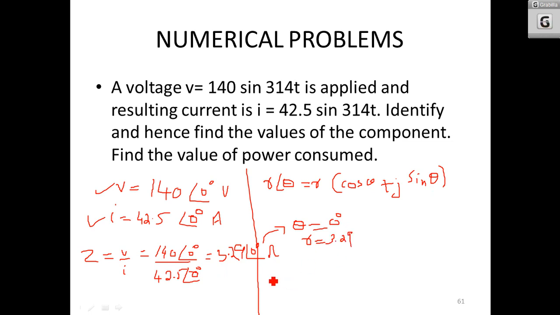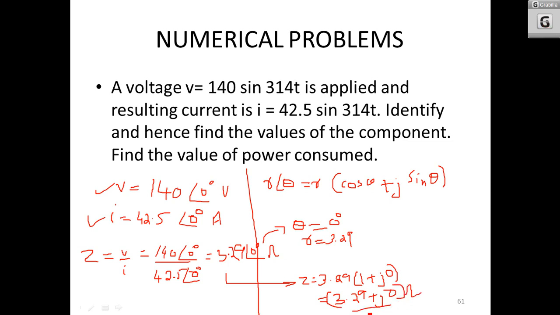Therefore, impedance in rectangular form is Z equal to 3.29 into cos 0 plus j sin 0. Cos 0 is 1, sin 0 is 0. The answer is 3.29 plus j 0.